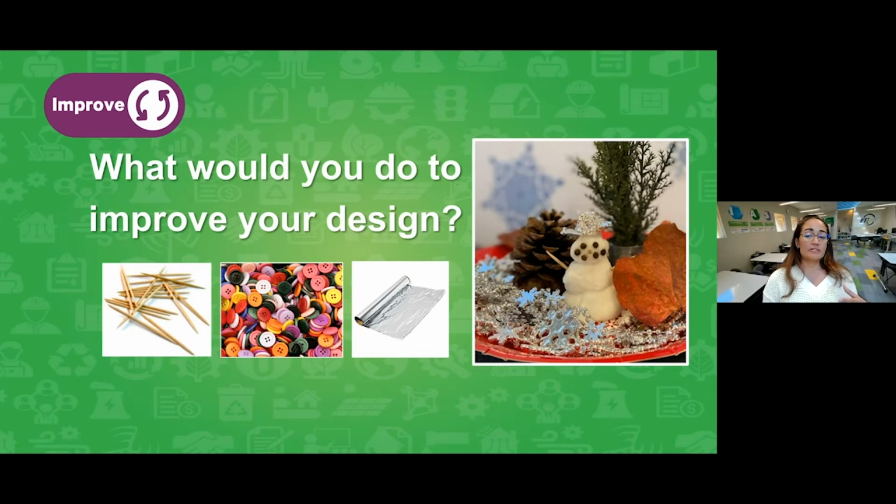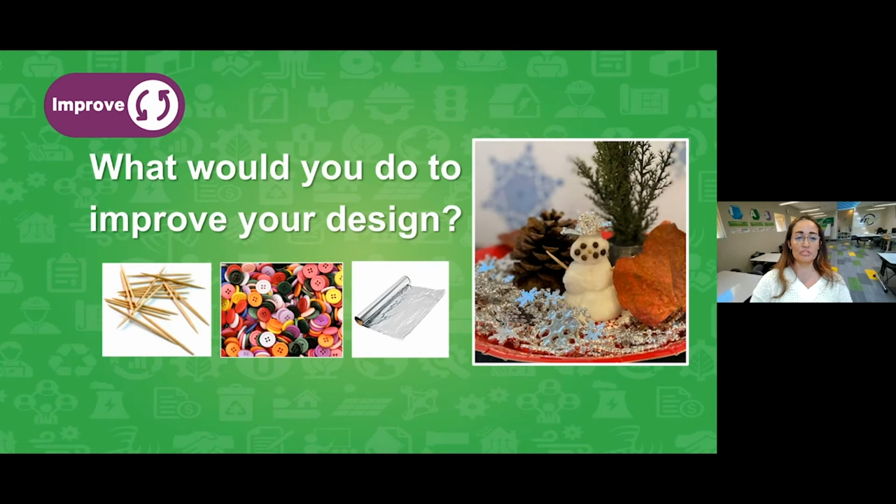We had a list of may-haves like the toothpicks or buttons or even aluminum foil. So if you look on that picture on the right there, I went and found some things in my kitchen. I kind of decorated my snowman up with some toothpicks and a little foil hat. So think of what you could do to improve your own design. And the improve stage is really important because that's where the engineers really fine-tune what they're planning to do.